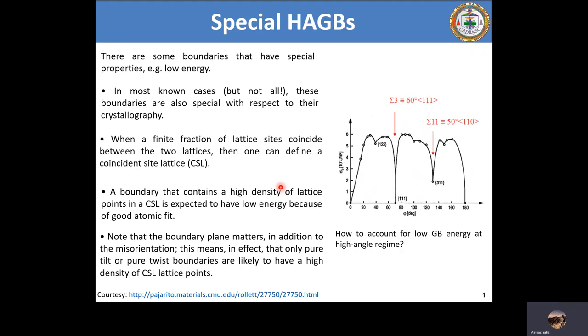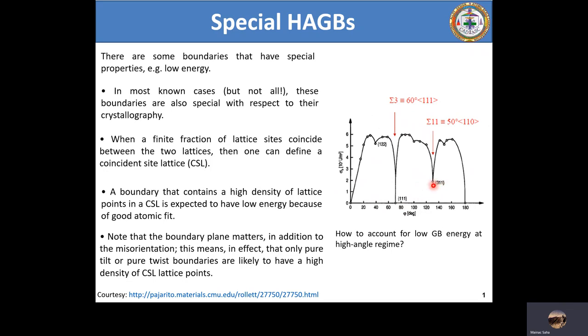I hope these things we have understood as well. Now, how do we account for the low boundary energy in the high angle regime? Of course, what we are saying is that we have a good atomic fit, but exactly what is happening? If you look at the data points, there are very discrete data points where there is a sudden dip in the grain boundary energy.